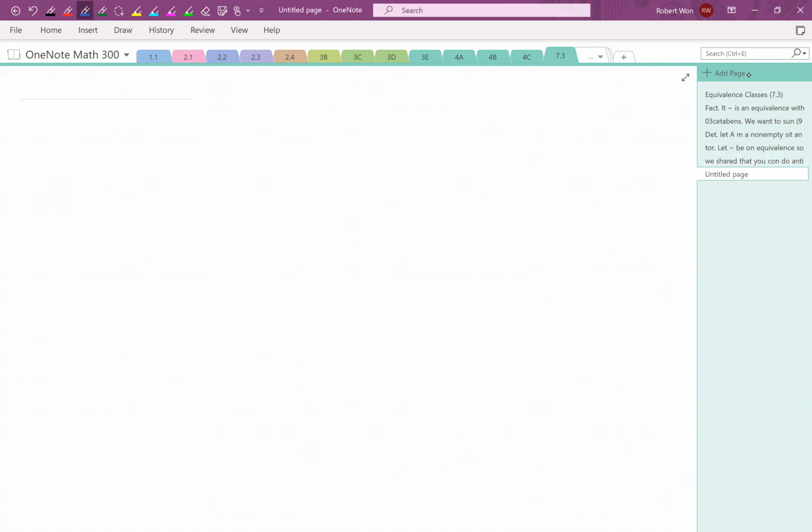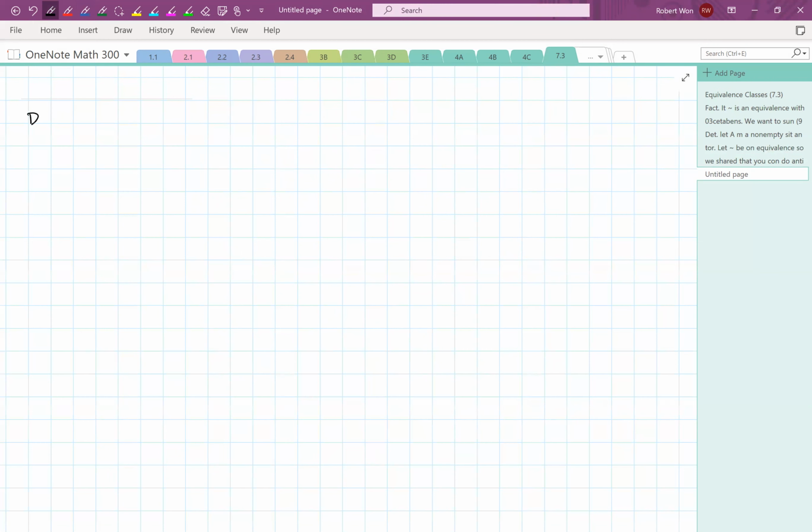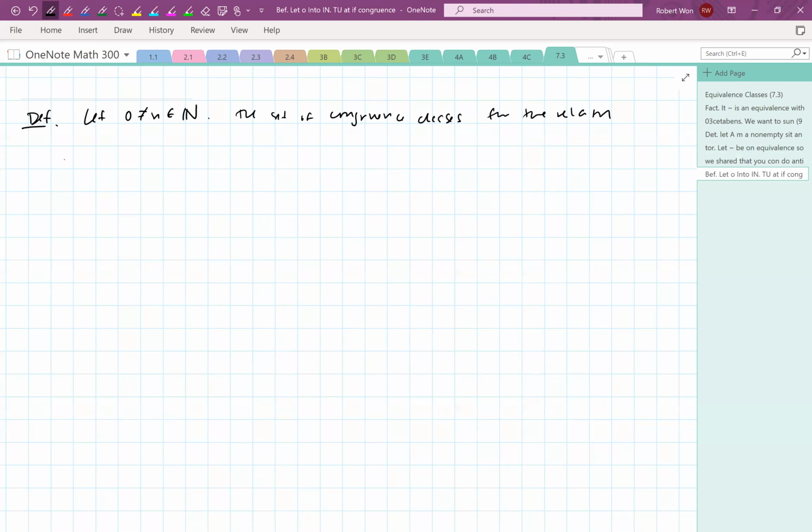Okay, so let me introduce a new piece of notation, essentially a new definition. Let n be a non-zero natural number. Then the set of congruence classes, or equivalence classes, for the equivalence relation congruence modulo n, is called the set of integers modulo n.